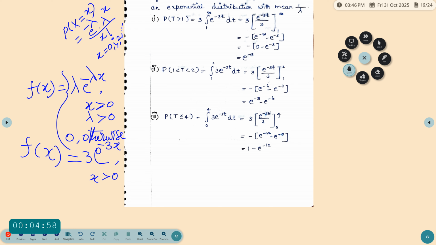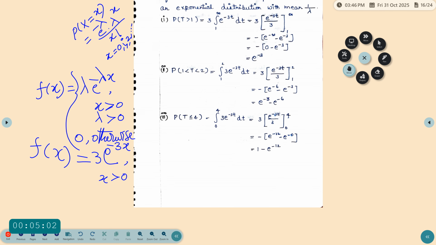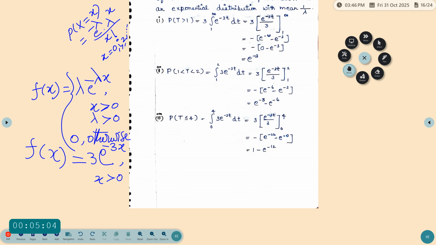For subdivision 1, we have to find the probability of t greater than 1, because the interval between arrivals is more than 1 minute. Using the exponential distribution, the probability of t greater than 1 is the integral of f of t dt.